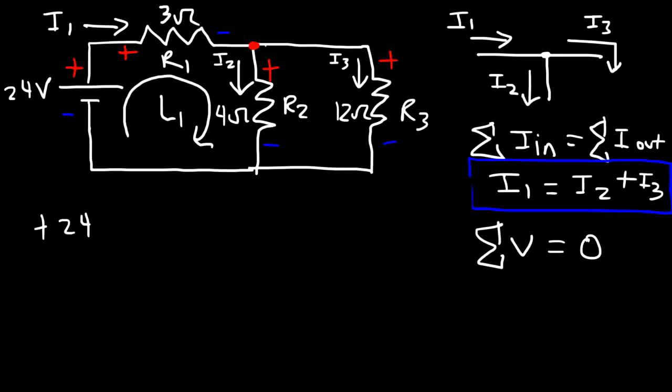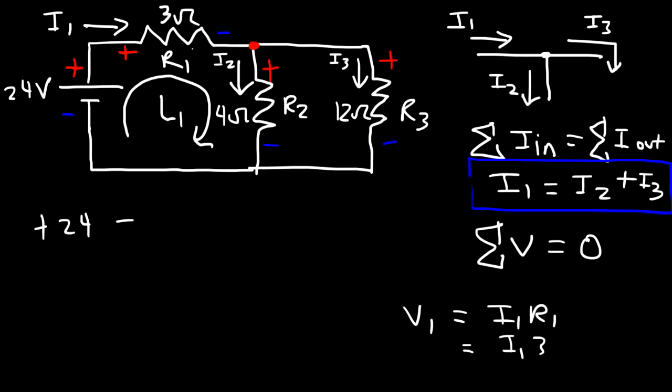So now using the loop rule, we're going in this direction through R1. So we're going in a direction of the current towards a lower potential. So because we're going towards a lower potential, that's going to be a voltage drop. So the voltage drop across R1 is V1, and V1 is equal to the current that flows through it times R1. And R1 is 3.